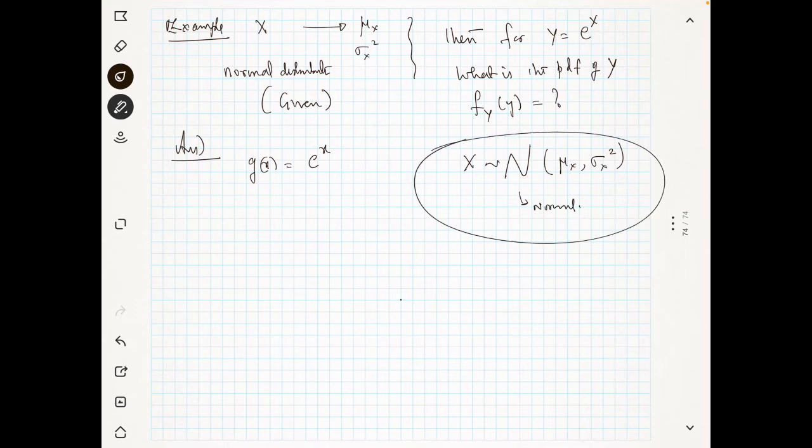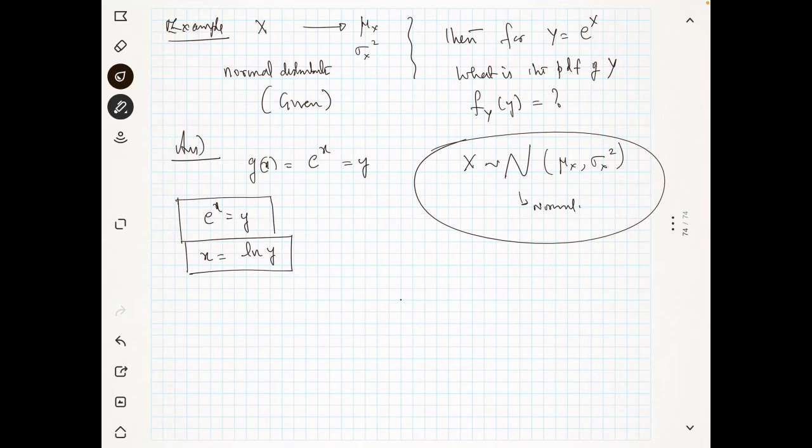So this is g(x) and this is your y. Then e power x is equal to y, then x is equal to ln y, the natural logarithm of y. So this is the root actually, and y is equal to e power x is the function.